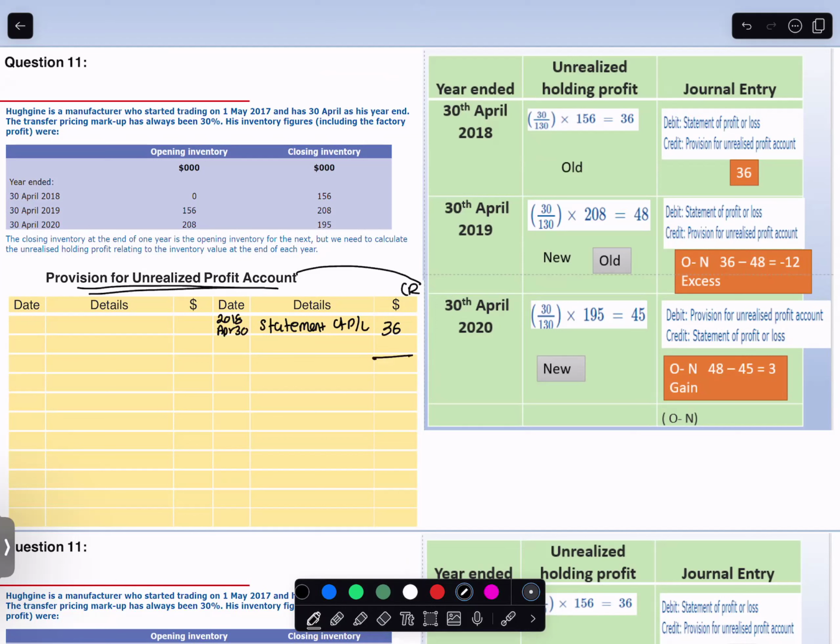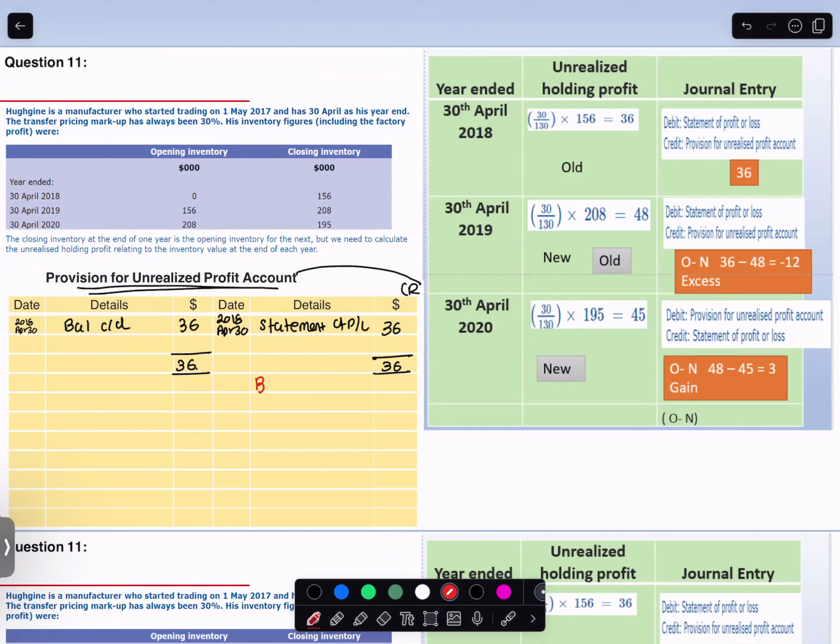In A levels, the date is compulsory. Then 36, you write it. And then you will close it. Balance carried down, same thing, 30 April 2018. Are you with me?